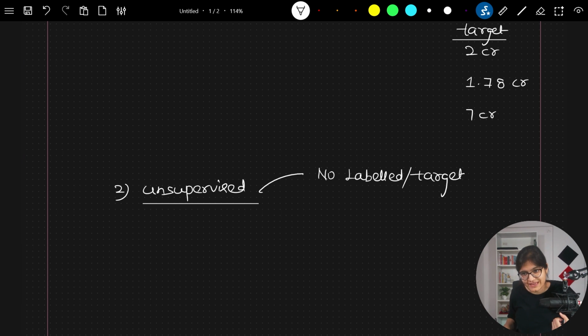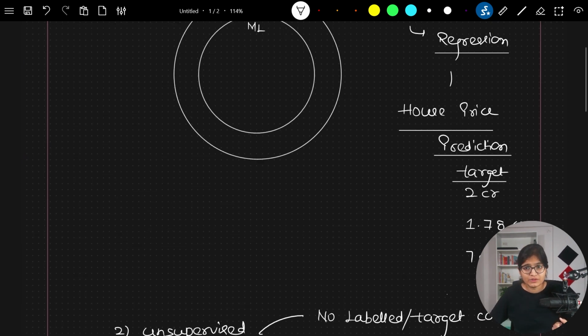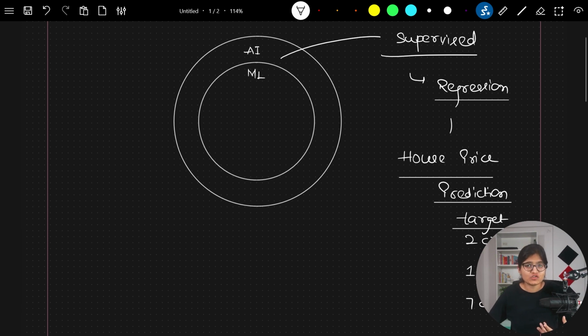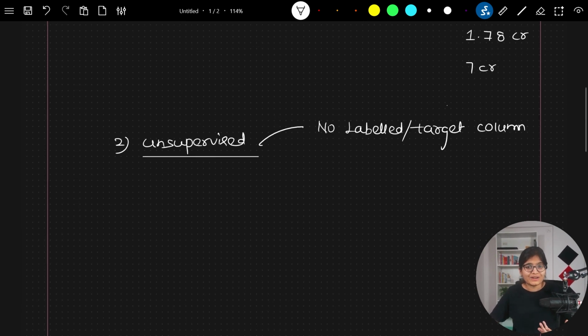Just like we saw above, where I talked about how in supervised you will have a target column, in unsupervised there is no target column. So in that scenario, your model, your system, will try to find out the patterns, similar sorts of patterns.